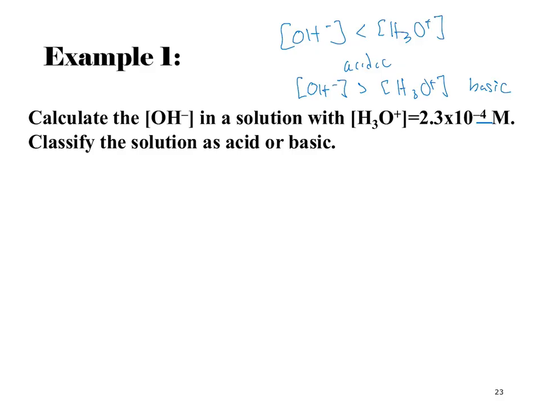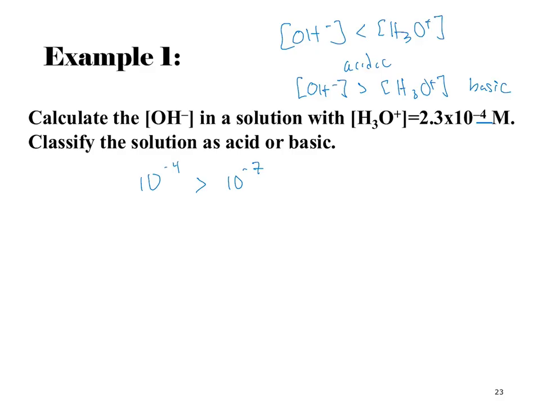So what you can do before even calculating anything for acidity or basicity is look at this exponent. How does 10 to the minus 4 compare to 10 to the minus 7? Is it larger or smaller? It's larger, right? And if our OH minus concentration is larger than the neutral value, the other way.